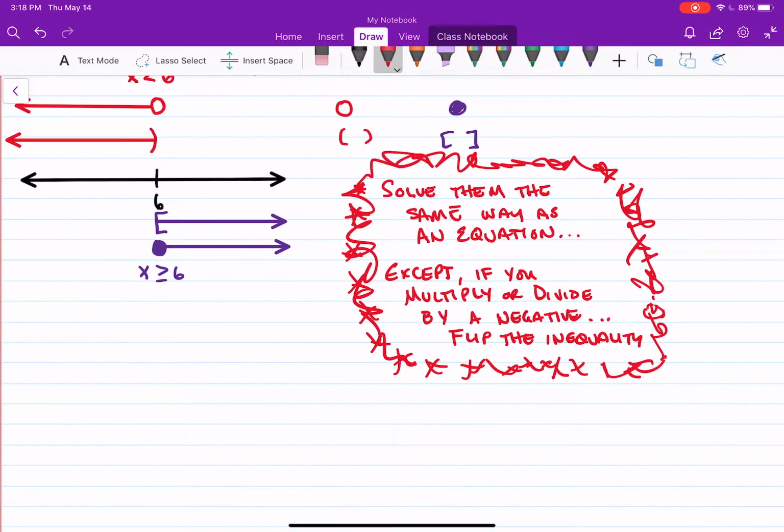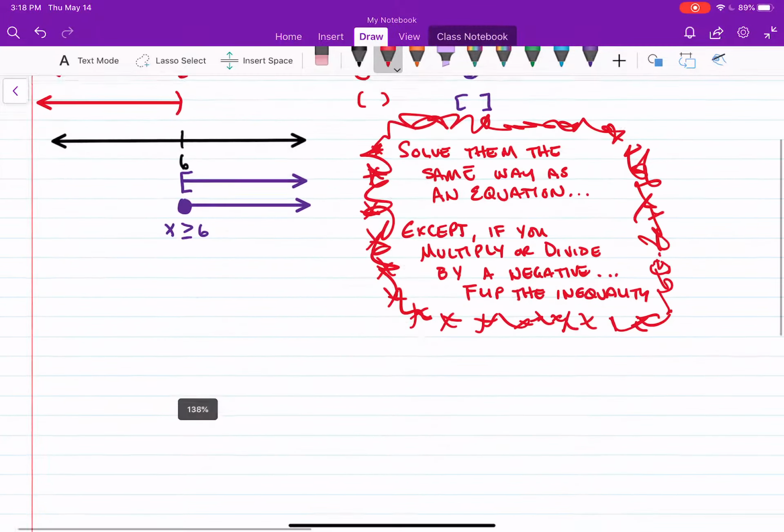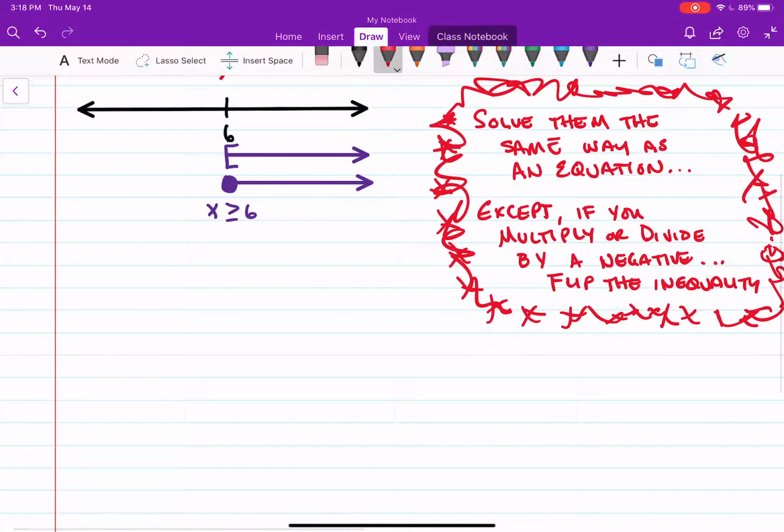Okay? So hopefully that will kind of get the point across. All right? So when you solve them, you're going to solve it the same way as the equations, except if you multiply or divide by a negative, you have to flip the inequality.